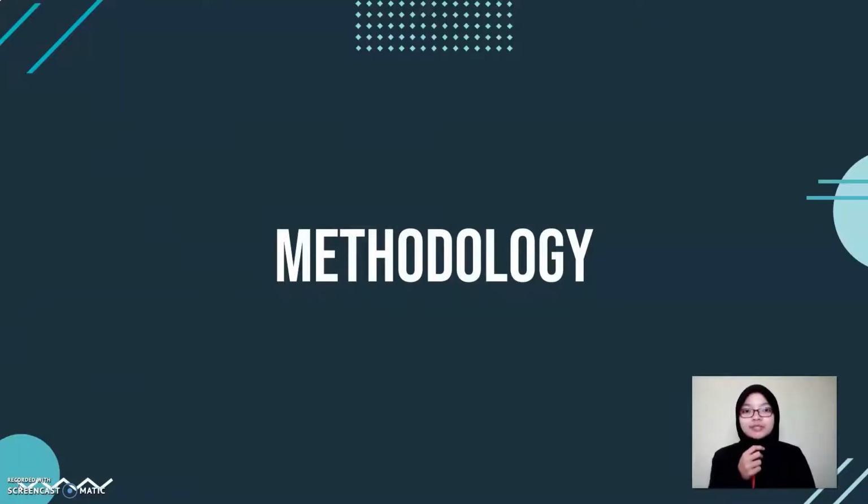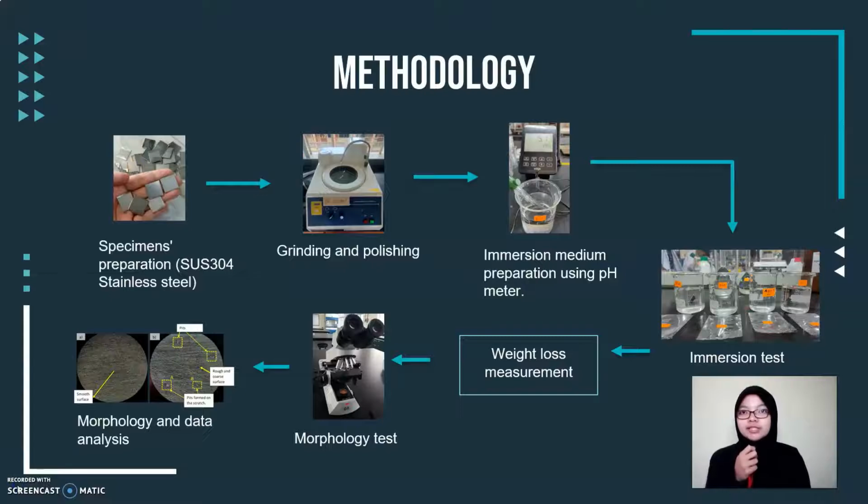Next chapter is methodology. Preparation. The SUS 304 stainless steel coupon was provided with an average size of 20 mm by 20 mm and a thickness of 1 mm. Stainless steel coupon samples were polished and treated by abrasion through successive grades of abrasive paper to clean and remove any outside layer on the sample surface by using polishing machines.